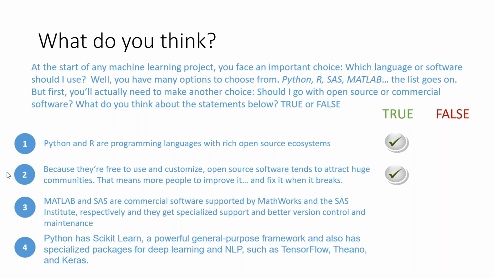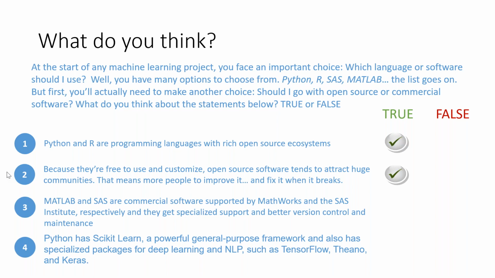MATLAB is a software developed by MathWorks, and SAS ML is developed by SAS Institute, and they get specialized support and better version control and maintenance. Do you agree or not?